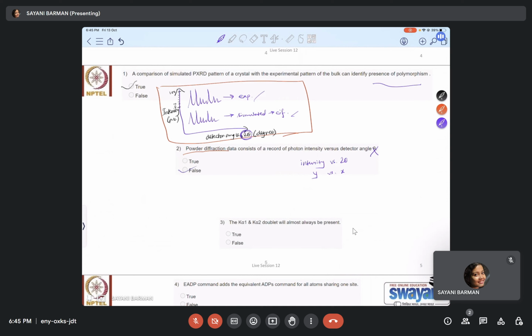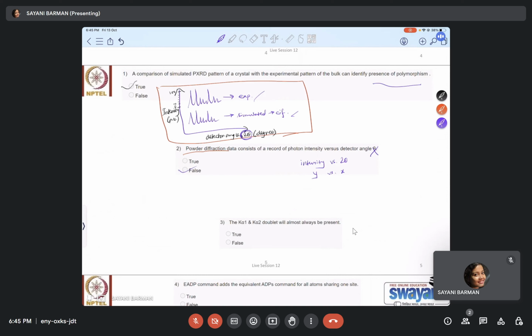The next one is K alpha 1 and K alpha 2. The K alpha 1 and K alpha 2 doublet will almost always be present. These are called the dual wavelength or double beam XRD setups. So, why are both of these lines employed? Because there are some reasons.